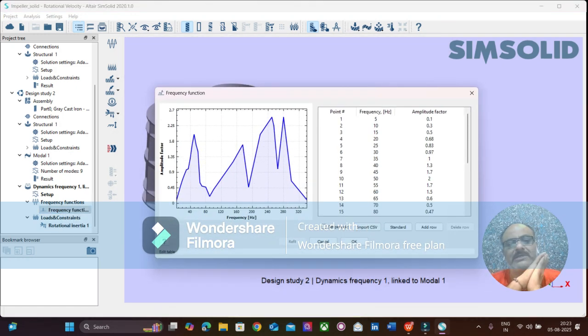Okay, so now this frequency function will decide how the amplitudes are going to be, whether it is going to be sinusoidal or in a different pattern, maybe an S curve, or discontinuous amplitudes, where you will have one set of amplitudes, and then there is a gap, and then again there is an amplitude peak.